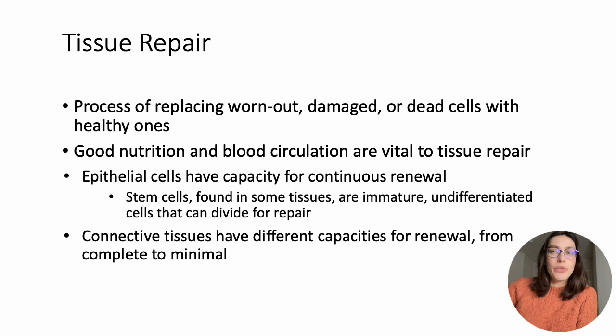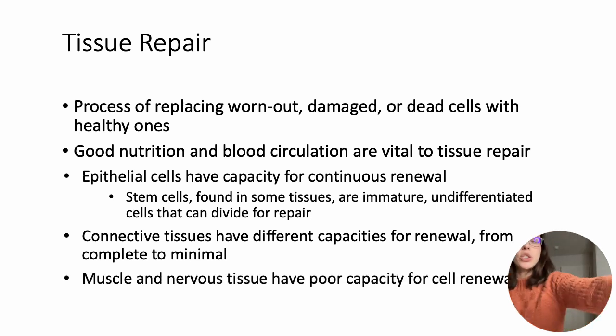Connective tissues have different capacities for renewal, from complete and quick renewal to minimal, like cartilage and dense regular connective tissue that are less vascular. Muscle and nervous tissue have very poor capacity for cell renewal, and this is not because they are not vascular. They are actually very vascular tissues.